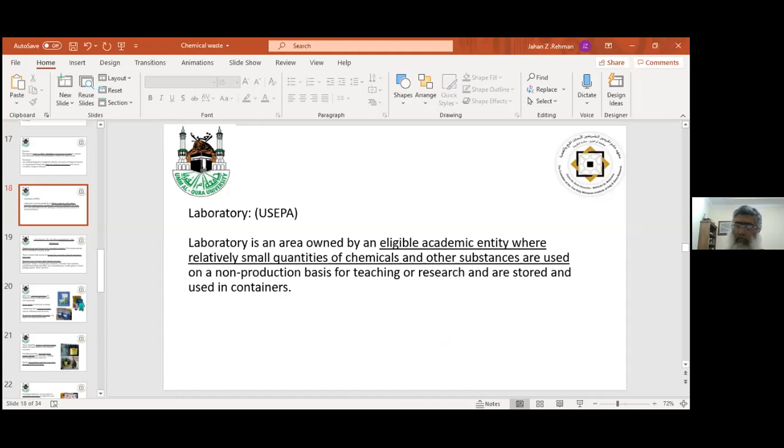That is why we use the least chemicals to produce the least waste. If we run these reactions directly on the industrial scale, then it will produce a lot of waste. So that is why the definition of laboratory is important to understand.